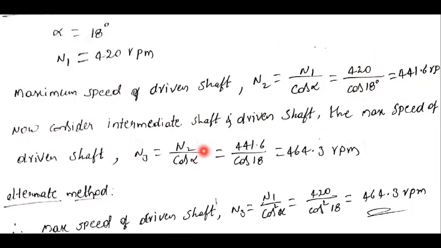Substituting our N2 value and alpha value, we get 464.3 rpm for N3. Those are the values achieved with the help of our driving shaft.